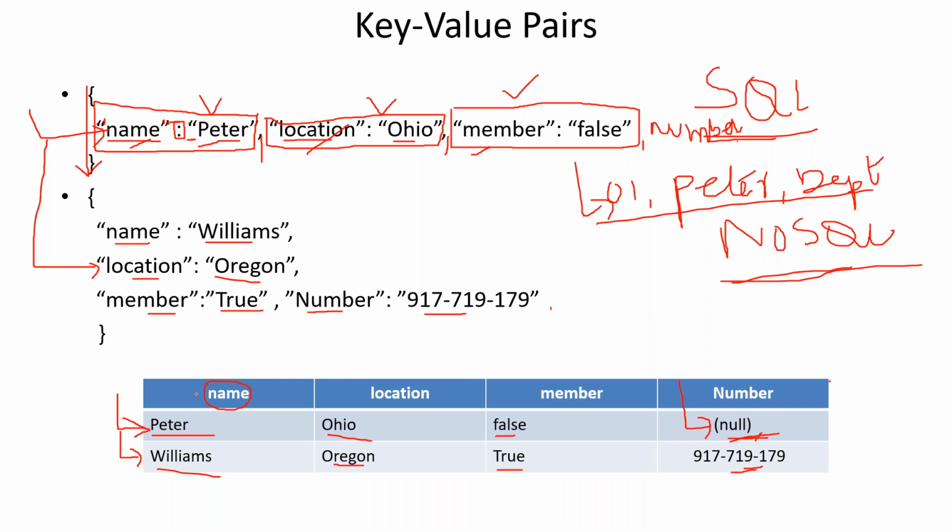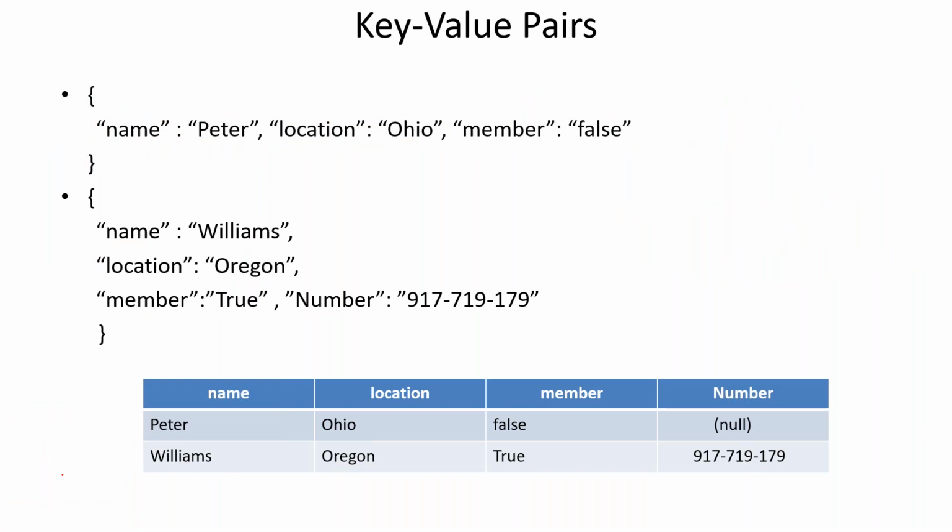If the data is not picked up, it makes it null. If there is a key, it picks the value. We are taking away the constraint on the schema that users have to write the data, and that is how NoSQL databases were born. JSON is one method through which I can make an entry into the system.